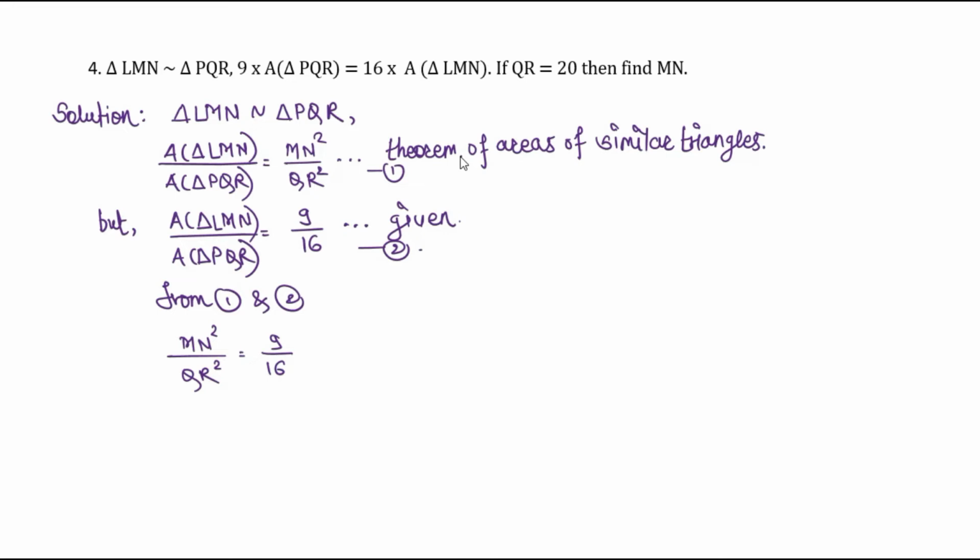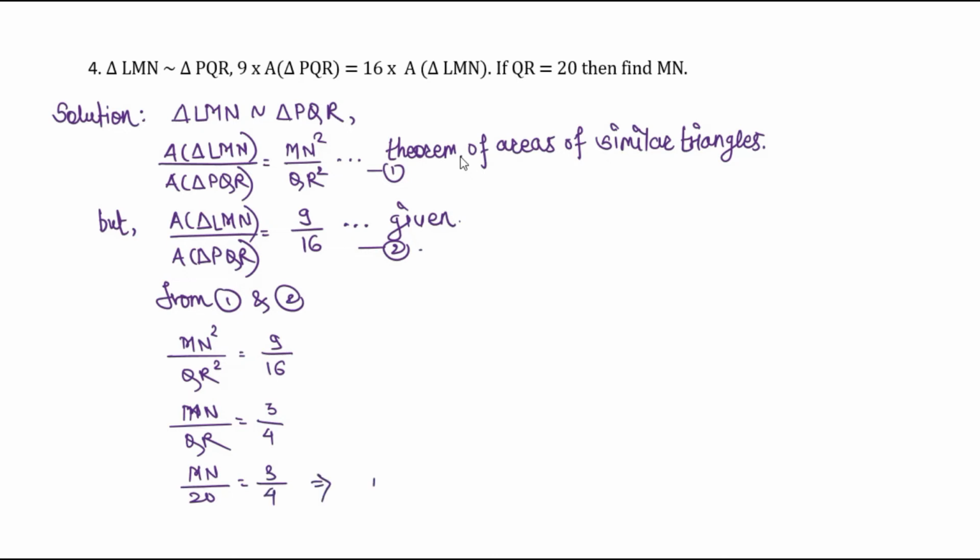Now, on both sides we will take the square root and get MN upon QR is equal to 3 by 4. Now QR is 20, so you can write MN upon 20 is equal to 3 by 4.